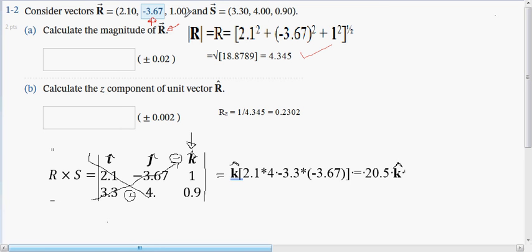And we're going to take and divide each of those components by the length of the vector, 4.345, that I established earlier. And by doing that simple calculation we get 0.2302, and if we check it out online, I did all of these and then checked them out, we got the right answer.